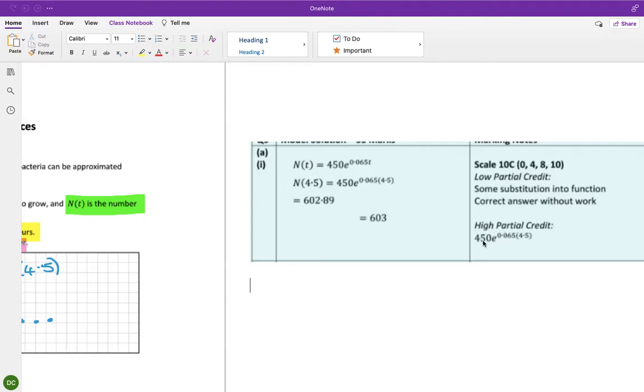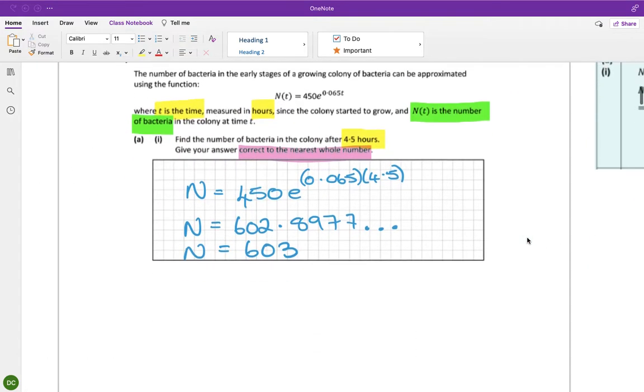High partial credit is for correct substitution: if a student fills in the 4.5 in the right place but then gets the answer wrong, or doesn't press equals, that will get you 8 marks.